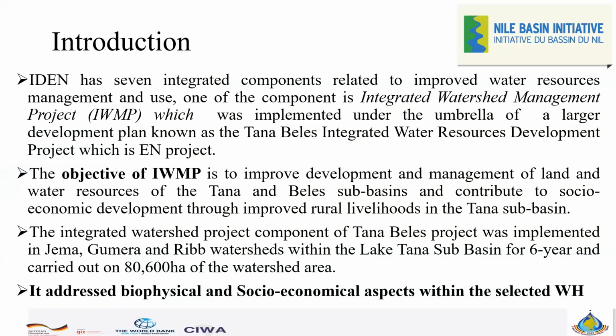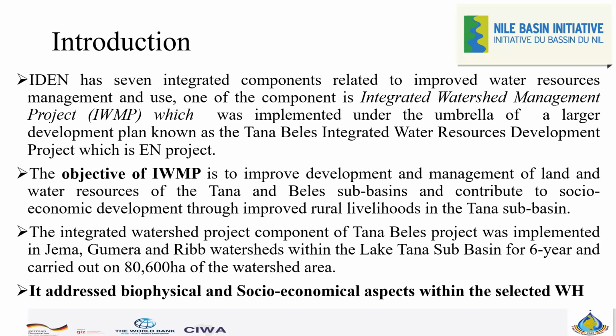As to the introduction, the Eastern Nile Integrated Development Project has identified several interventions related to improved water resources management and use. One of the components is the Integrated Watershed Project, which was implemented under the umbrella of the larger development plan known as the Integrated Water Resource Development Project in the Eastern Nile.